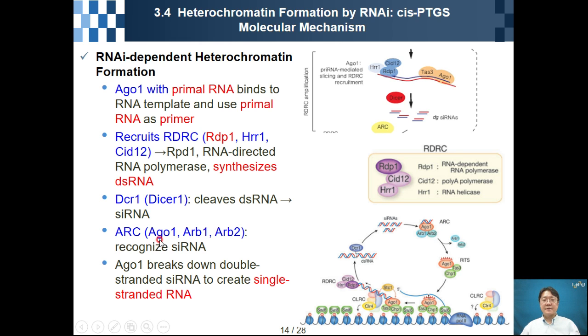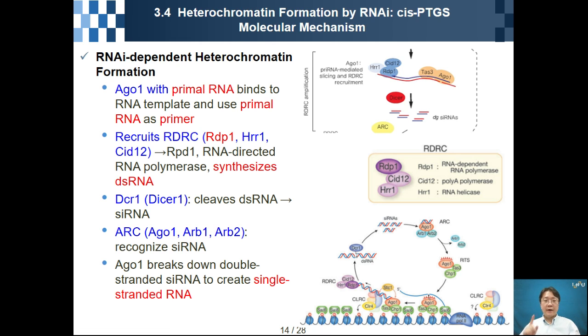Okay, so the ARC complex is composed of AGO1 and two other components, ARB1 and ARB2, which recognize this siRNA. After they bind like this, AGO1 has the activity to break down the double-stranded siRNA.